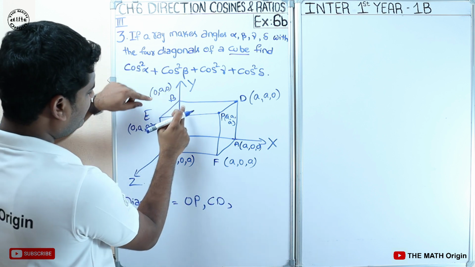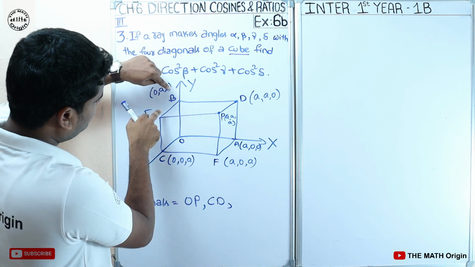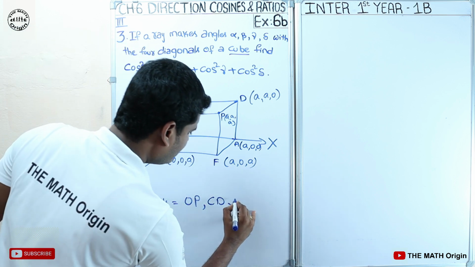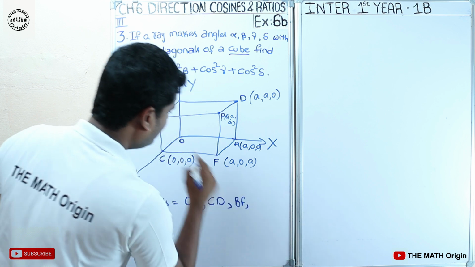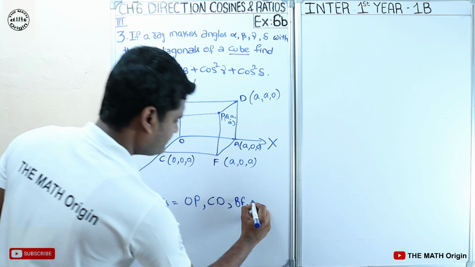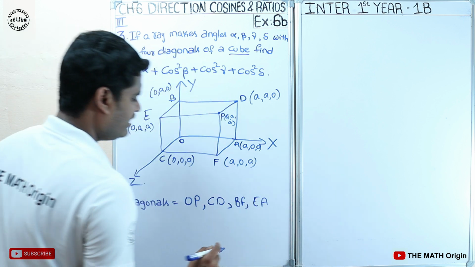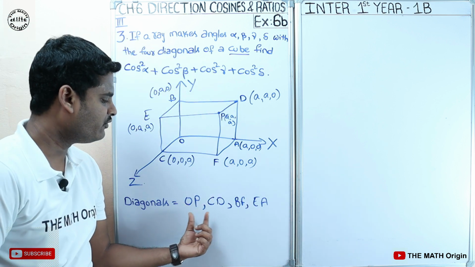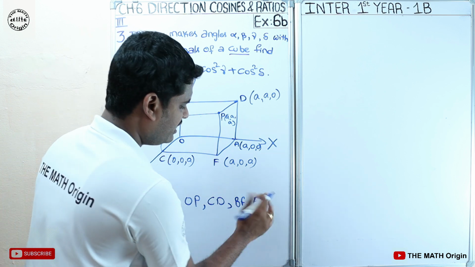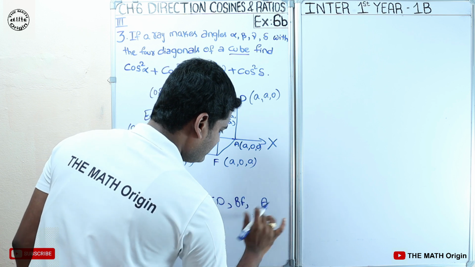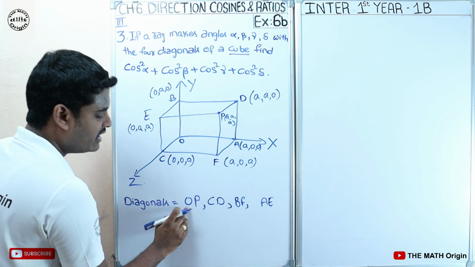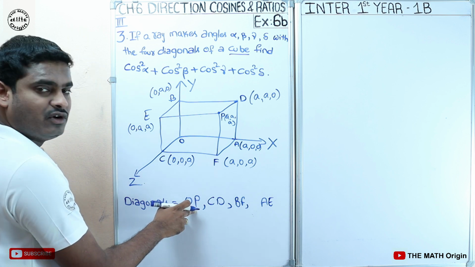Let's take from this side. B is at the back side and F is on the front side, so B, F, and next E and A. Therefore we now have four diagonals: OP, CD, BF, and EA or AE. Now let's find the direction ratio of OP.